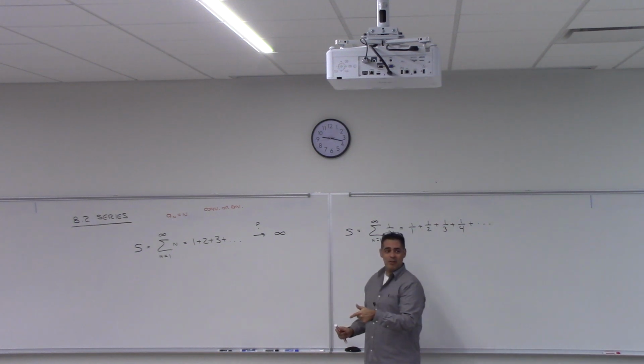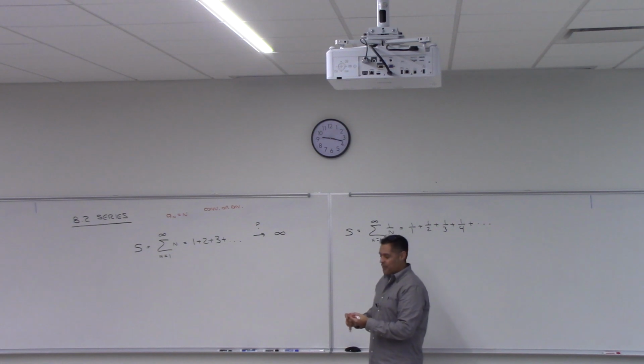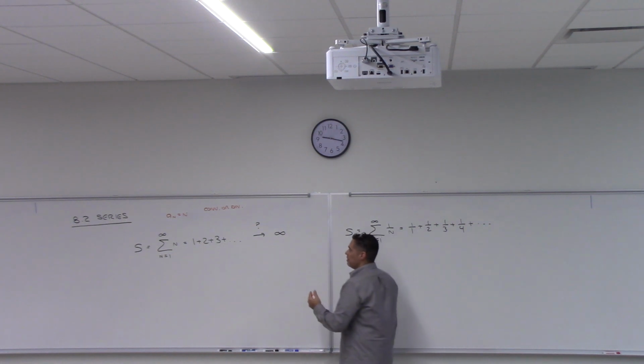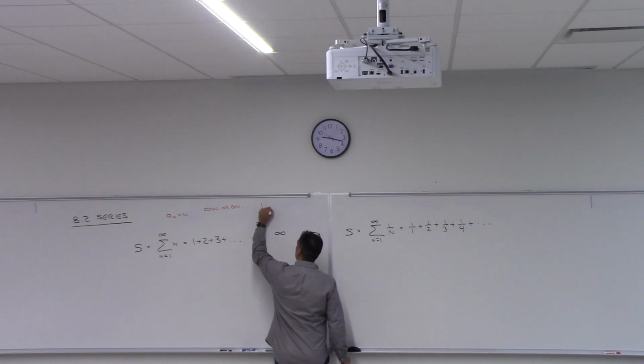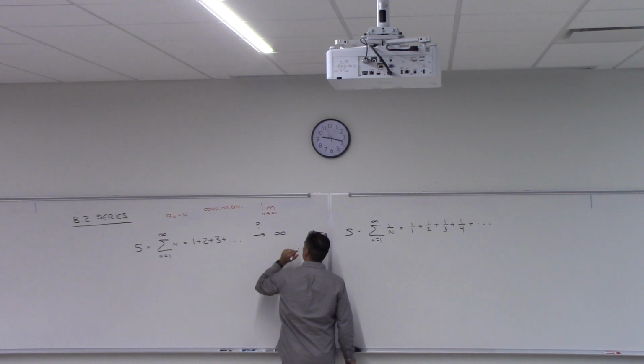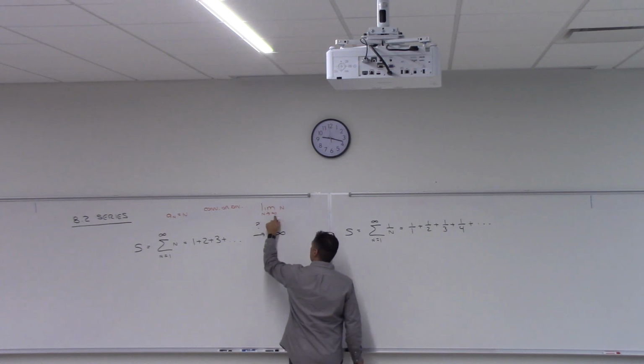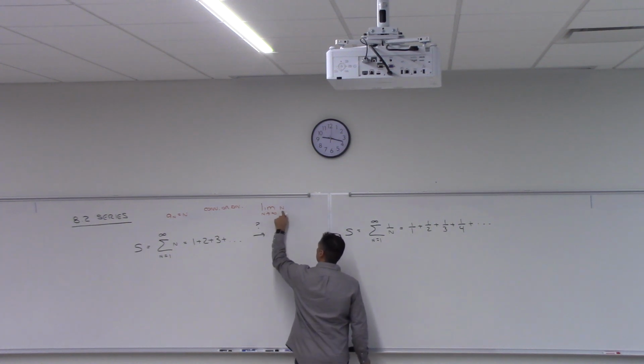No one did the homework for 8.1? How do you check for convergence or divergence of a sequence? Limit. You take the limit as n goes to infinity of the sequence. What's our sequence? N. So what happens as n goes to infinity here? It becomes infinite.